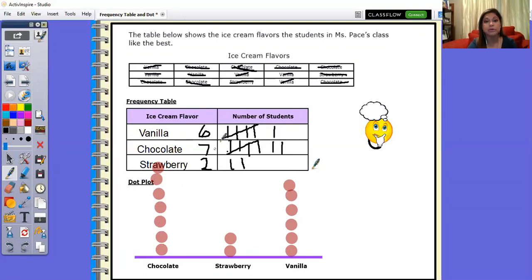But before I do, I want to write my digits up here as well because chocolate had 7, strawberry 2, and I had 6 for vanilla. So when I look at my information now, it's easier for me to decide what numbers I'm going to use for my plan. And once I solve this, I know that 6 minus 2 equals 4, so that will be my answer. 4 more students picked vanilla than strawberry.